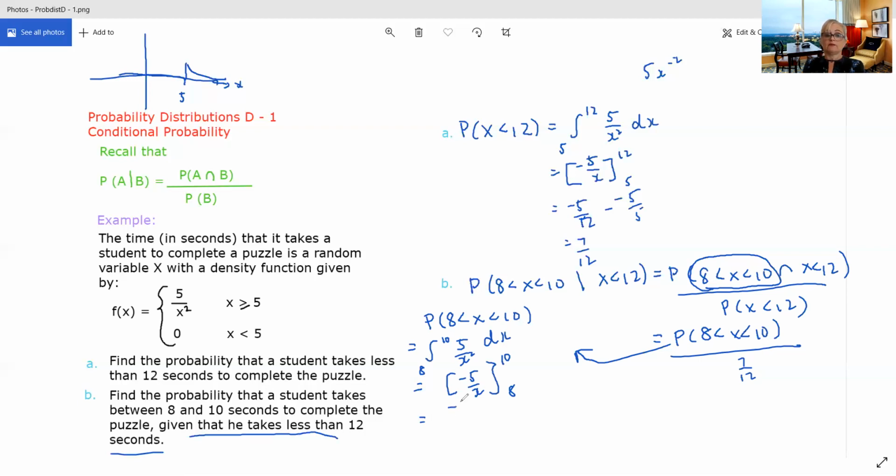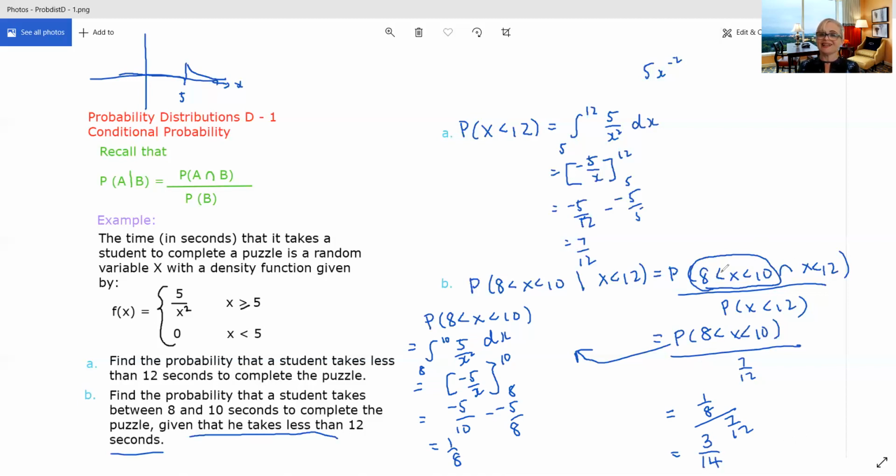So negative 5 on 10 minus negative 5 on 8, which is negative a half plus 5 on 8, is 1/8. So when we pop it in here, we're going to get 1/8 divided by 7/12, which comes down to 3 over 14 as your probability.